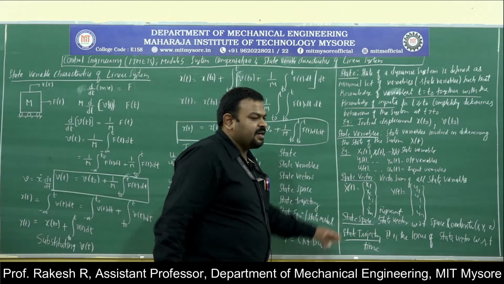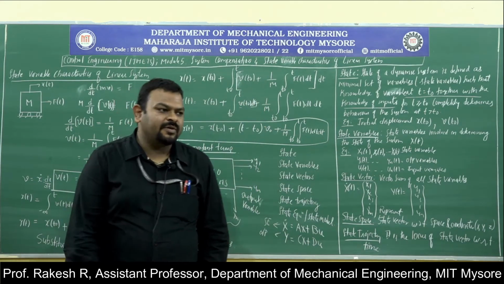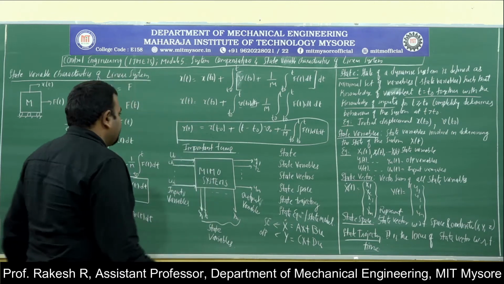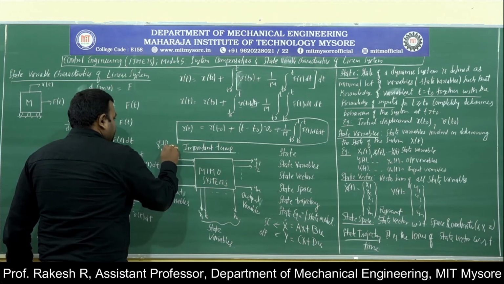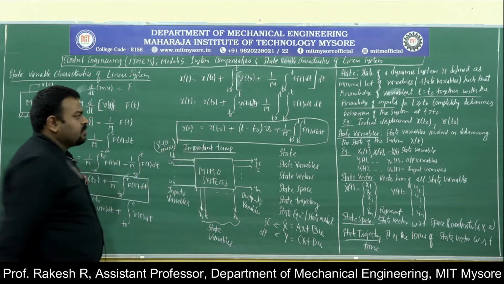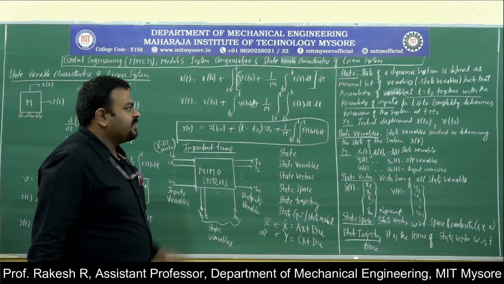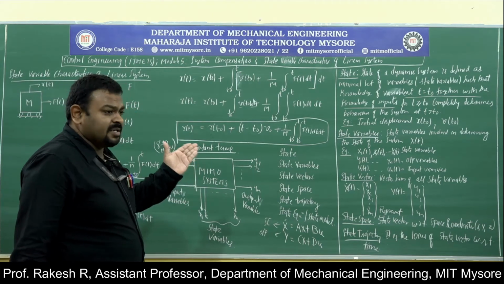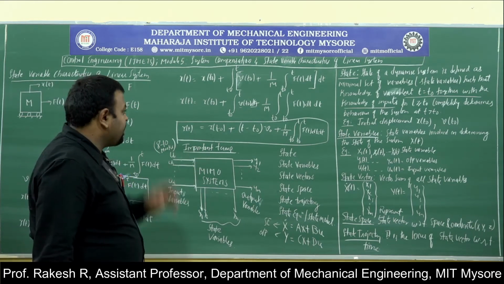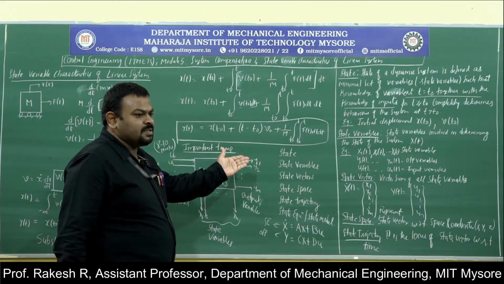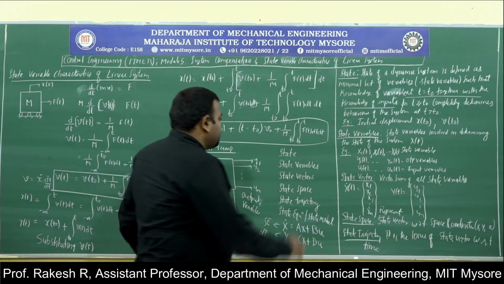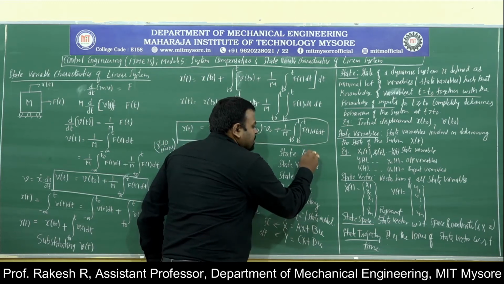So these are the important definitions you have to read. That will be asked for 8 marks, 8 to 10 marks. So the state of a dynamic system is defined as a minimal set of variables, which are state variables, which represent the knowledge at t is equal to t naught, x naught, v naught.